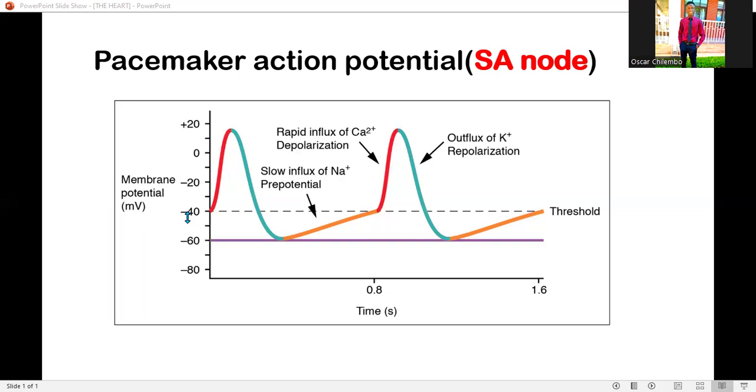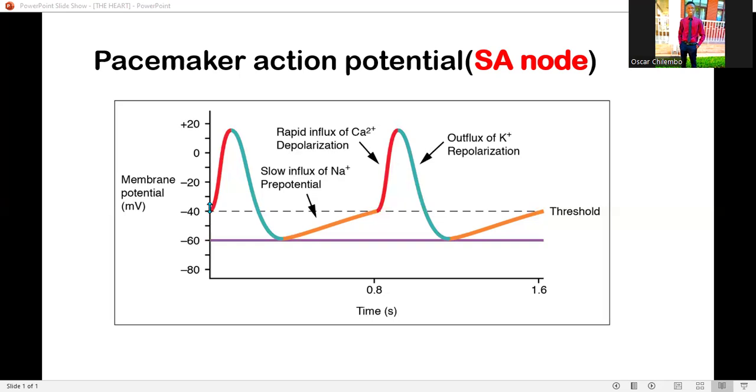It allows a lot of ions to enter the cell, moving the membrane potential to around negative 40 millivolts, and this is the threshold. Once the threshold is reached, spontaneous depolarization stops. So that was phase 4. We always start with phase 4 here. Then from phase 4, we go to phase 0.